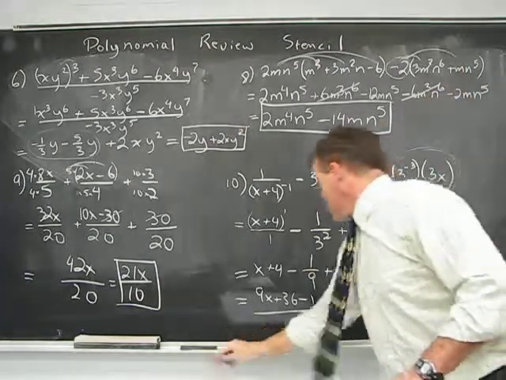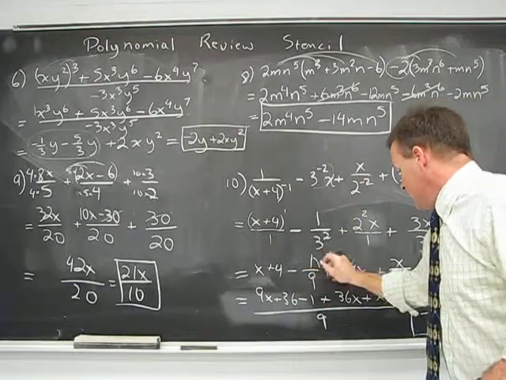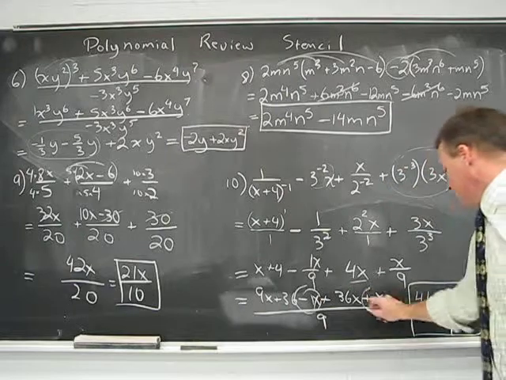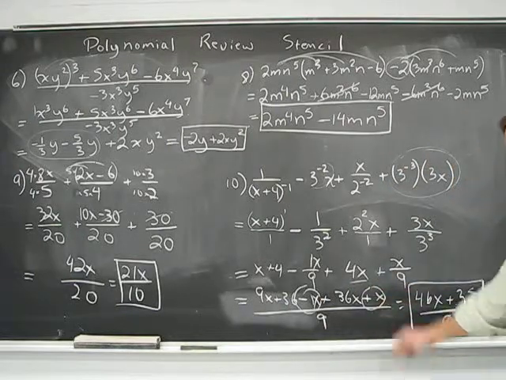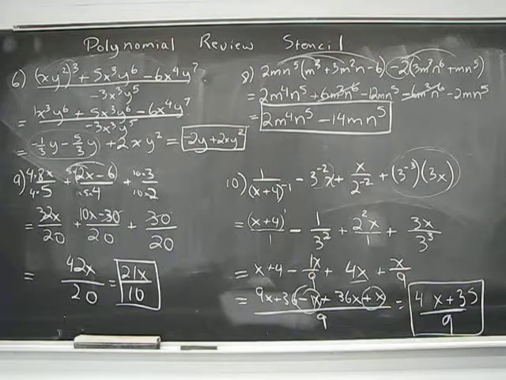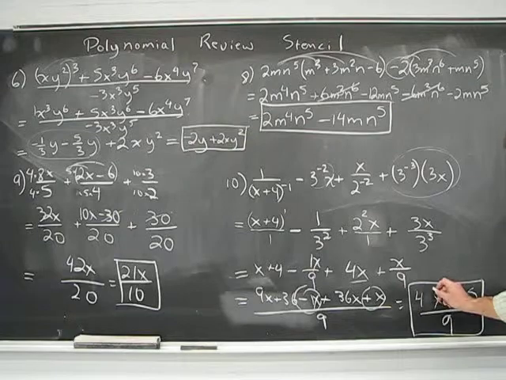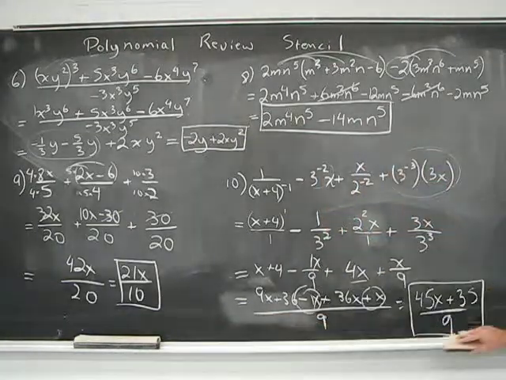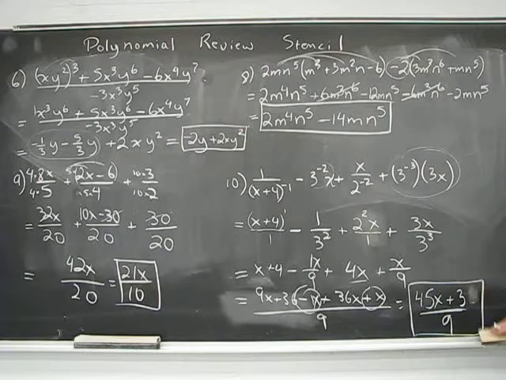Okay, that makes life a lot easier, because when you get down to this one, that's negative 1x, and that's x. And the negative x and the plus x cancel out. And so that just leaves you with 45x, right? 9x plus 36x. 45x plus 36 over 9.